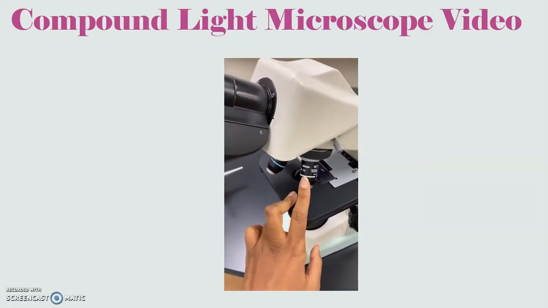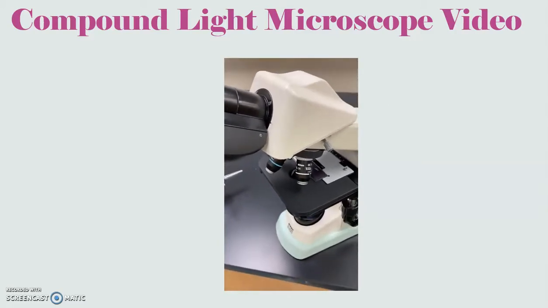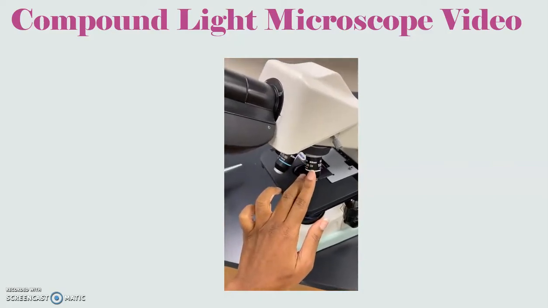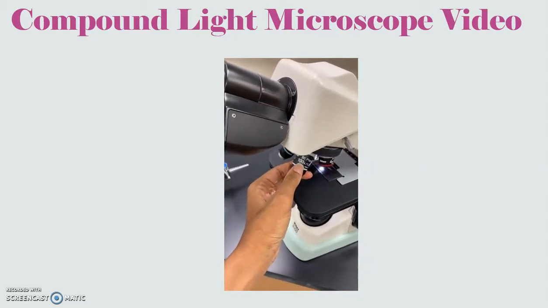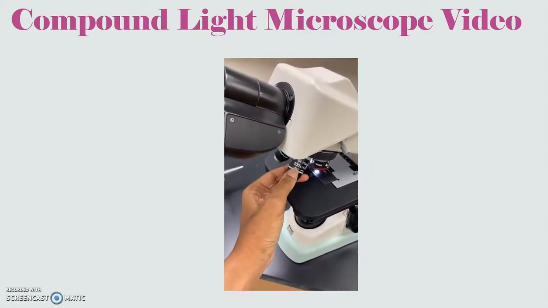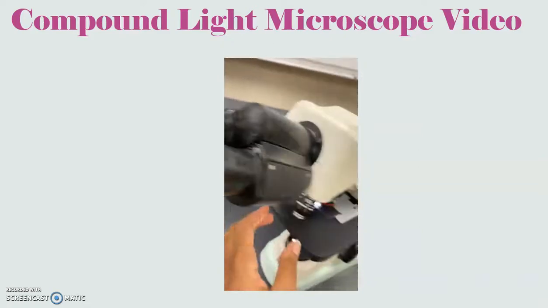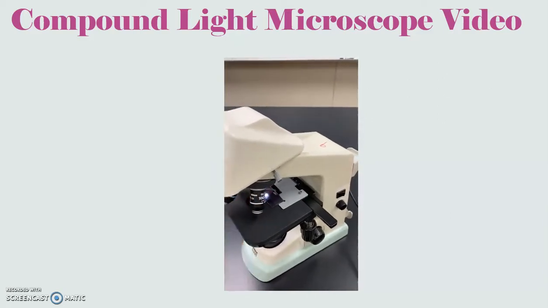It's never to be used in an anatomy lab, but you will use it to observe your specimens in your microbiology lab. This is going to be the oil immersion objective lens, and you can see that it has a magnification of 100x. So 100x times 10x magnification on your oculars will be 1000x total magnification to view your specimen.